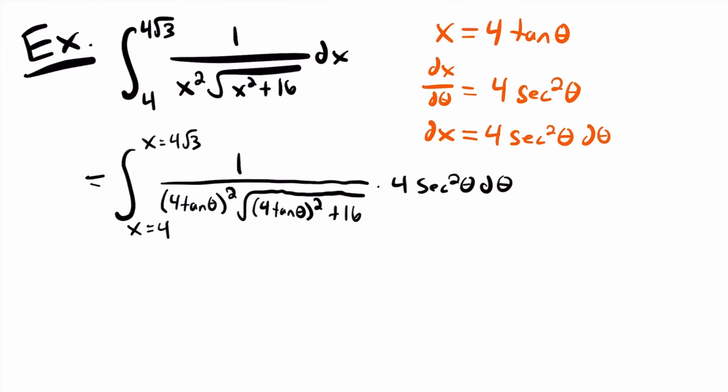Okay, now if you wanted to, you could solve this definite integral by then simplifying what we have here and integrating in terms of theta, and then getting your answer back in terms of x to evaluate at these bounds of integration. But that's actually a lot more work than you need to do. What we can do instead is convert our bounds of integration from values of x to be values of theta, and so then we eliminate the need to ever convert back in terms of x.